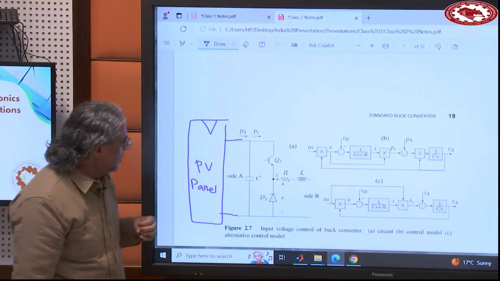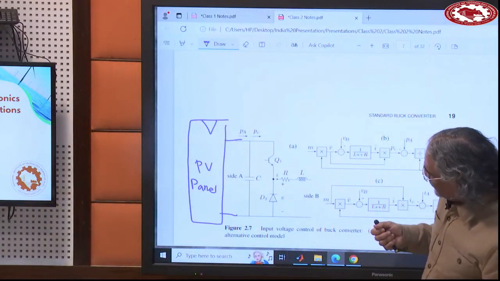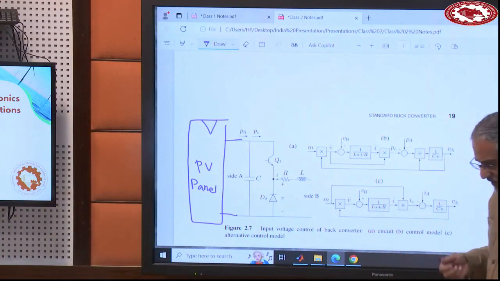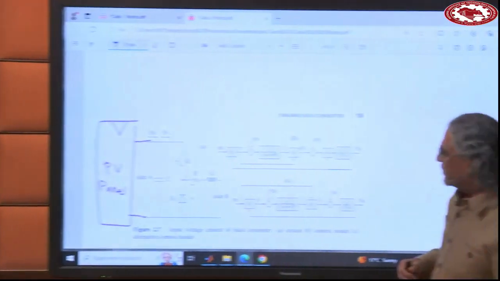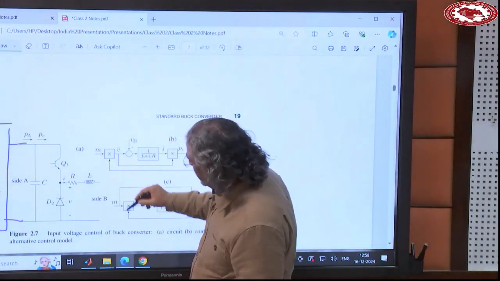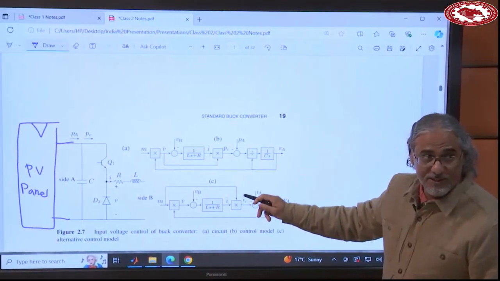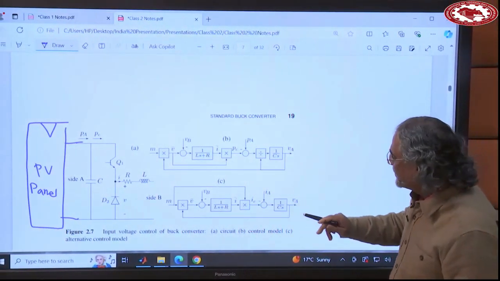Okay. So you put a capacitor here. You need that capacitor to have a voltage and a support for that voltage to control it. And then the converter is here, the filter is here. In this case the model is a little more complicated. See how it works.